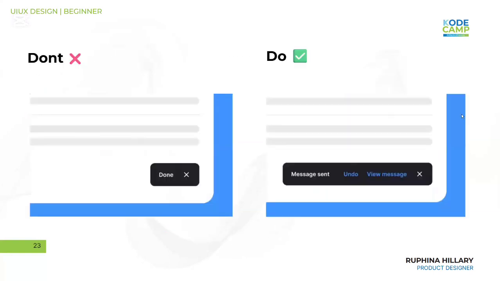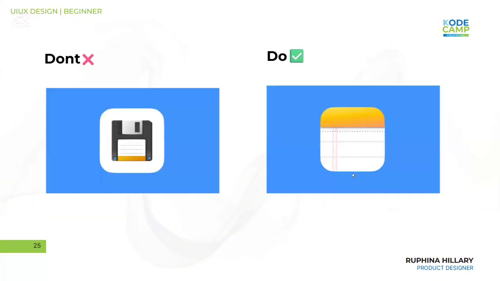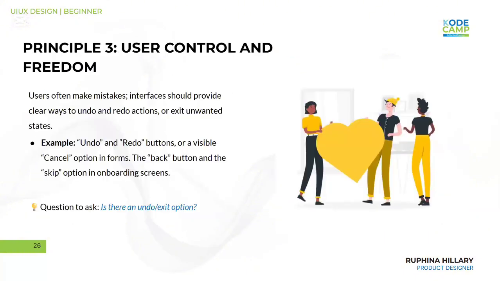Like the example I gave, where you sent a message, if an option to undo it was immediately available, the first one is obeying principle one, but the undo is obeying principle three. So these are the different principles that we have to obey to ensure that our application, or whatever we are designing, is usable.